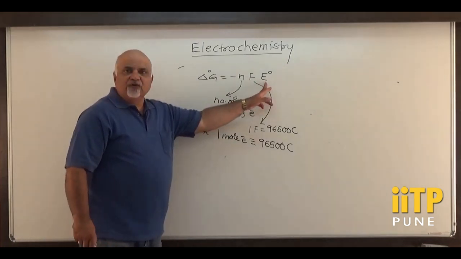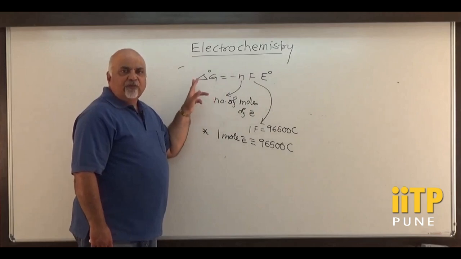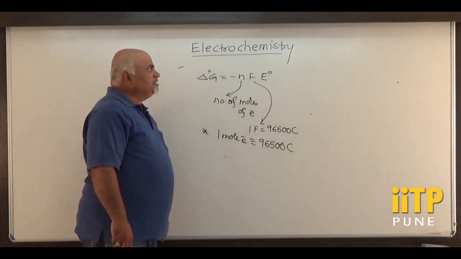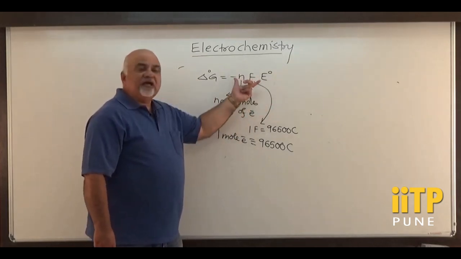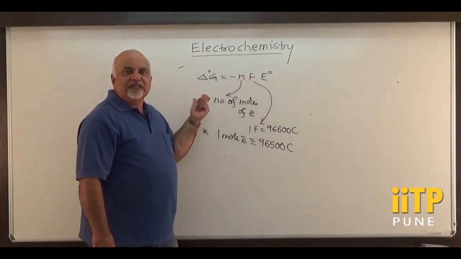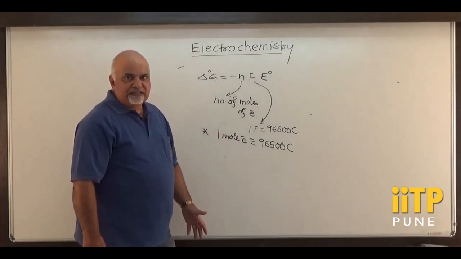When E is positive, delta G will come negative. When delta G is negative, thermodynamically we say the process is spontaneous. When E is negative, delta G will come positive. Delta G positive means thermodynamically the process is non-spontaneous.